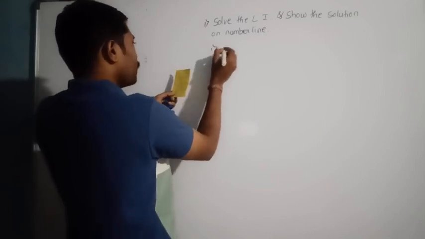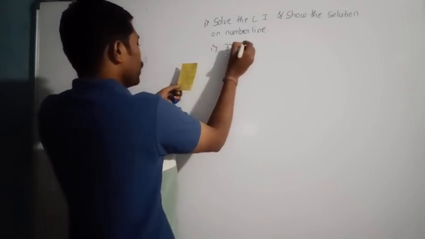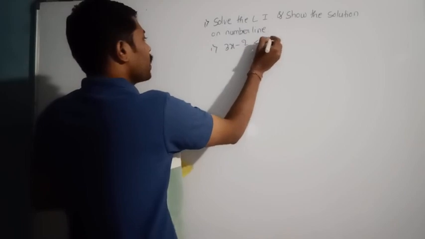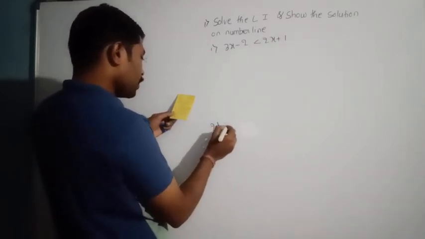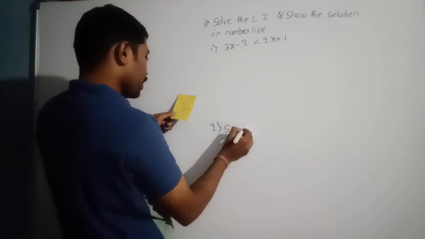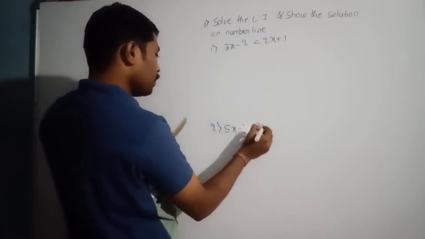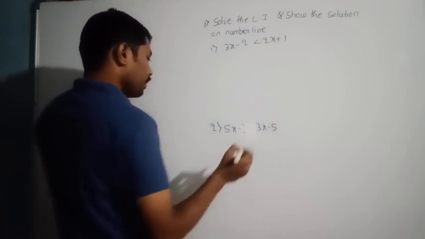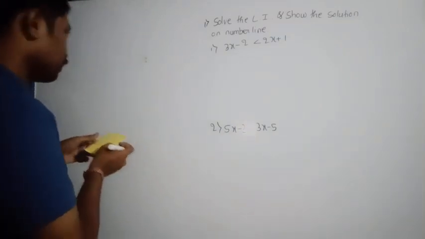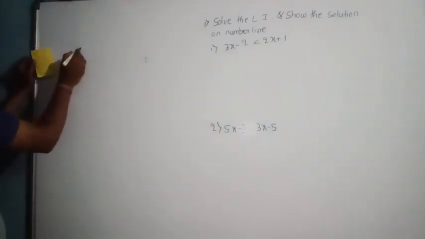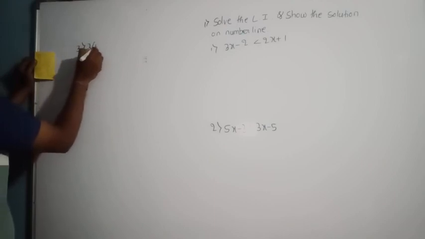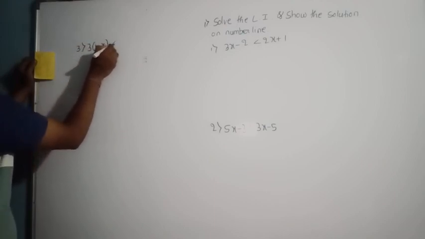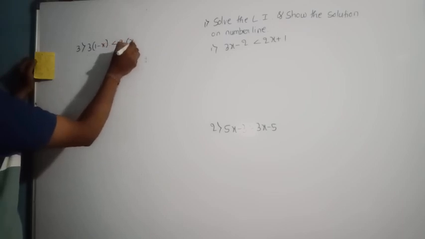First question, 3x minus 2 less than 2x plus 1. Second question, 5x minus 3 greater than or equals to 3x minus 5. Third question, first I will write, then we will discuss: 3 into 1 minus x less than 2 into x plus 4.